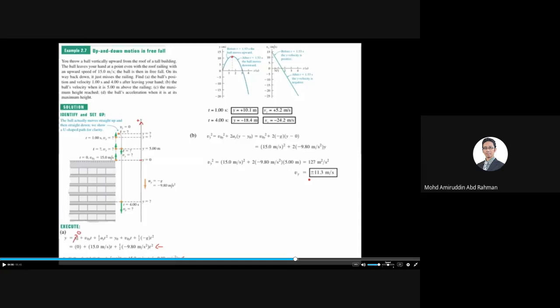Transfer that 0.3 to 0.4 to the right graph, and v_y is around 11. So that is 11.3, so the v_y should be positive 11.3 meters per second. And what about C? C is the maximum height reached.